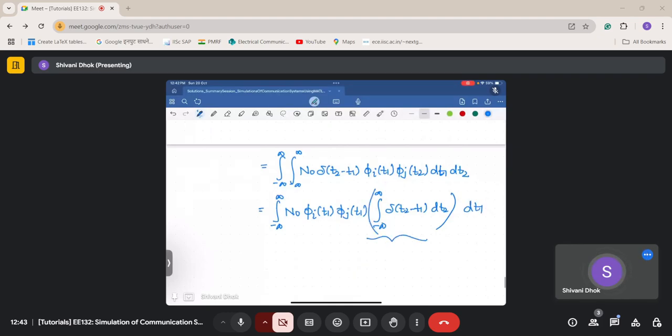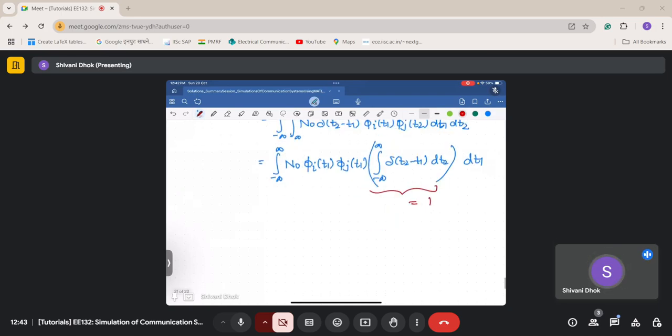This integral here is equal to 1. So what we are left with is the remaining part. N0 is constant, I can take it outside. So this is N0 times the integral from minus infinity to infinity of phi_i(t1) phi_j(t1) dt1.